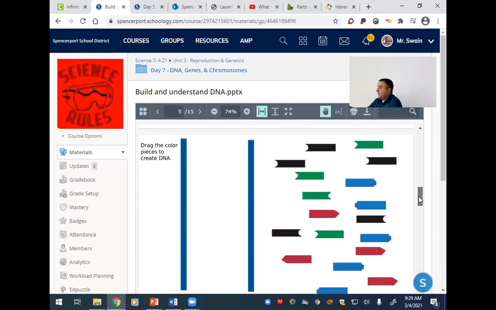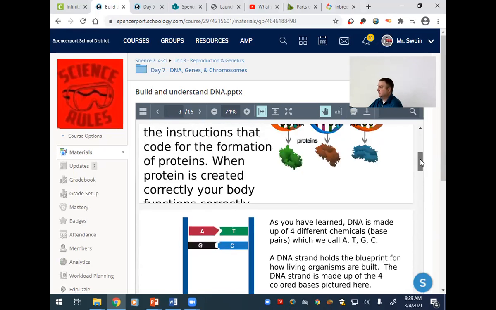You can create your own piece of DNA with your A's and T's and G's and C's right here in the PowerPoint. You drag the pieces to create the base pairs. So the amount of work we're doing to make online possible, it's a lot, and we're doing it.